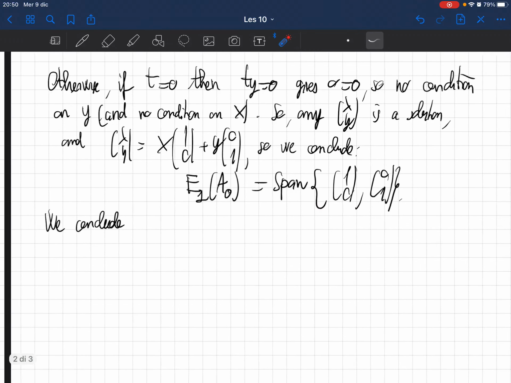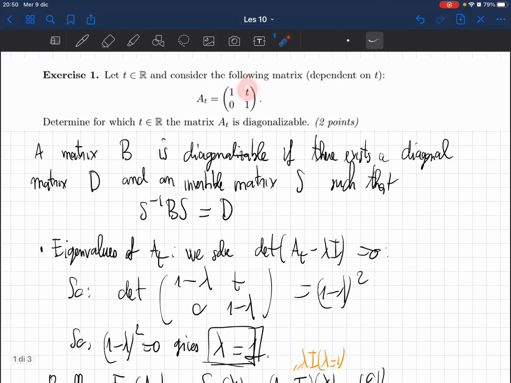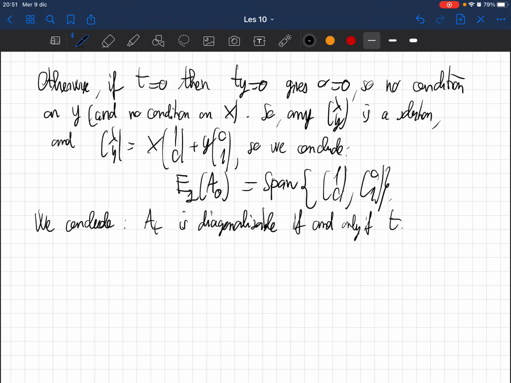But look, if t is equal to 0, this is actually just the identity matrix, so we already know that it's diagonalizable, right? So we conclude A_t is diagonalizable if and only if t is equal to 0.